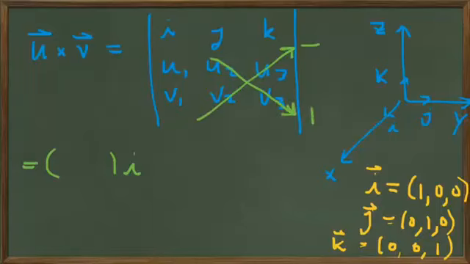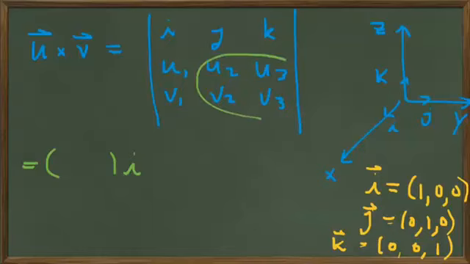So let's put a plus sign on this and a minus sign on this. So the i component is found by using these four components which are not in the i column. So if we put that together, we get this.